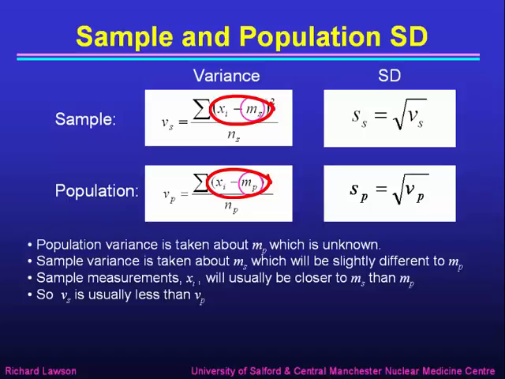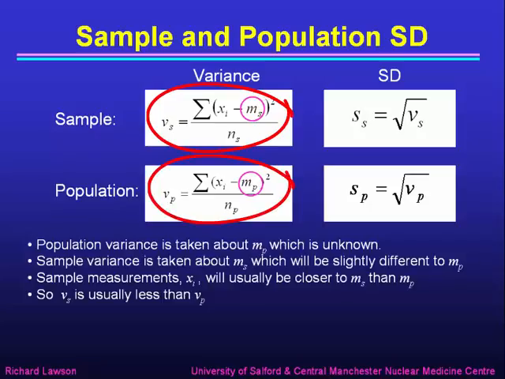So on average the individual measurements xi will be closer to the mean calculated from those measurements than they would be to the population mean, which we don't know. So the sample variance Vs is going to be less than the population variance Vp, because the differences that we're squaring for the sample variance are going to be smaller than the differences we're squaring for the population variance.